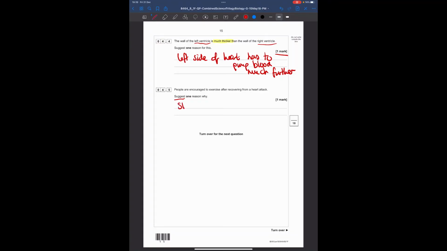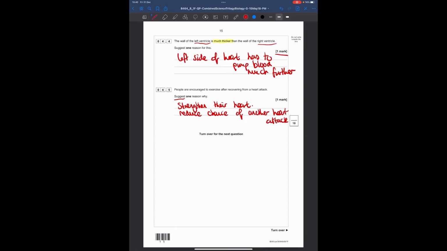Well, it could be because they need to strengthen their heart muscle. It could obviously then reduce the chance of another heart attack.